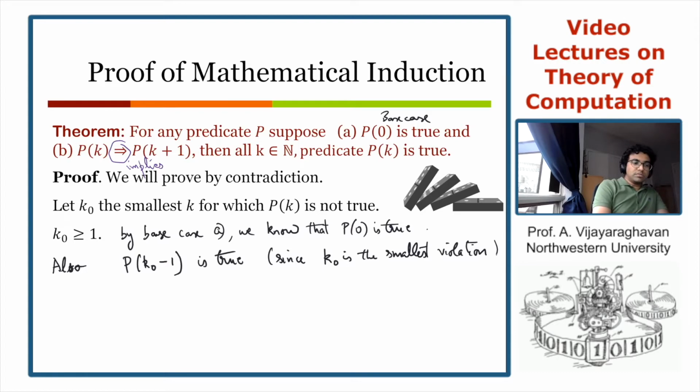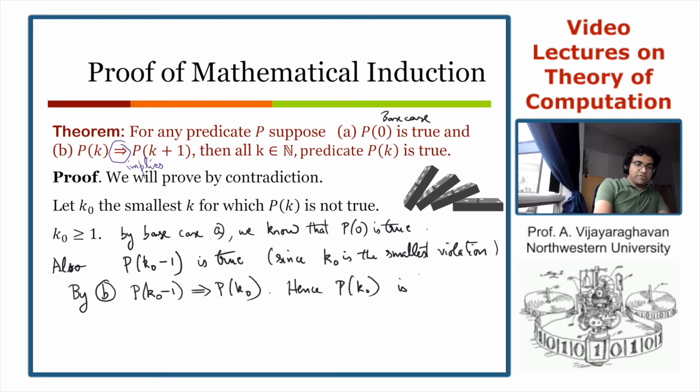Further, by assumption B, P of k naught minus 1 implies P of k naught. So P of k implies P of k plus 1, and in particular, P of k naught minus 1 implies P of k naught. We know that P of k naught minus 1 is true. Hence, P of k naught is true.